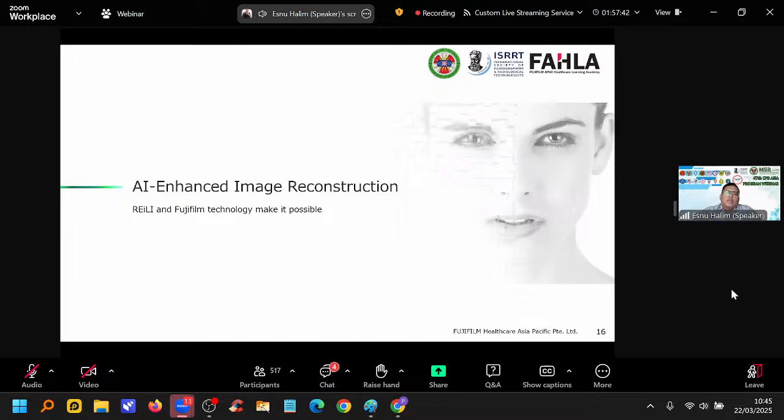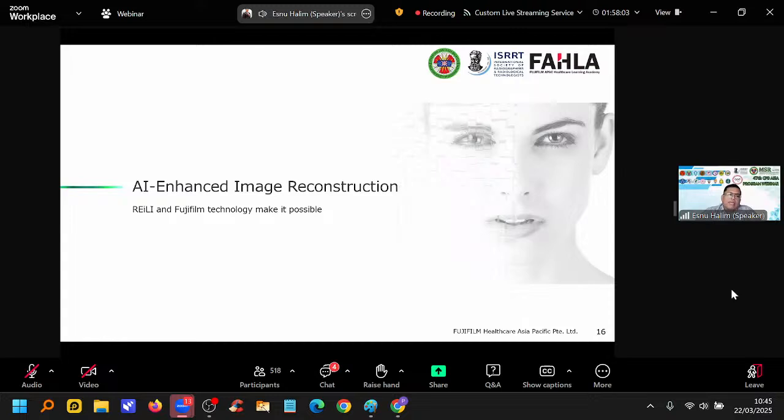Earlier we talked about the workflow, the integrated artificial intelligence workflow. We improved it, making it more seamless, with less waste of time. And now we talk about AI enhanced image reconstruction, where, as I mentioned, Fujifilm has an AI platform.